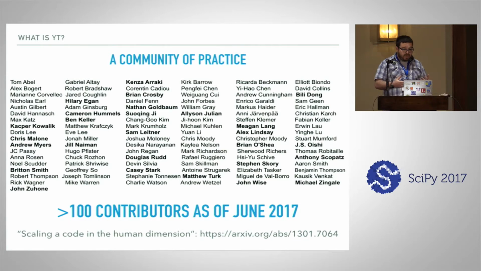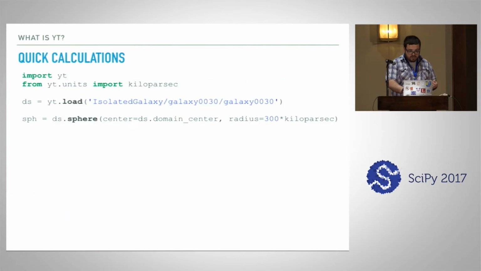All of these people I've highlighted in black here are YT project members. They all have commit bits, and they've all made significant contributions to the code. We have a code of conduct. We have well-defined norms and practices for how to become a contributor and how to become a YT project member. So if you're interested in developing YT, please come and talk to us after the talk.